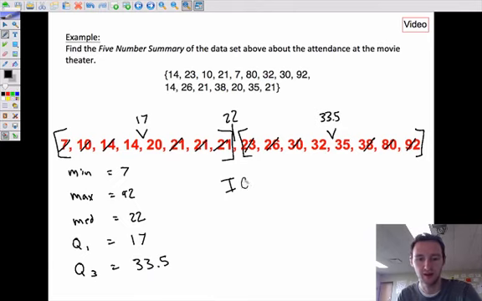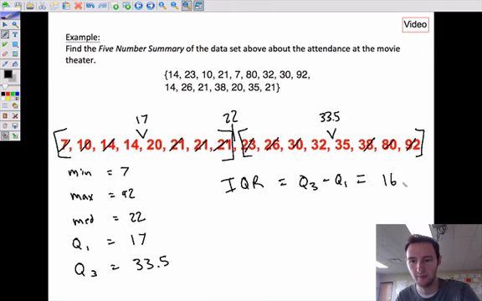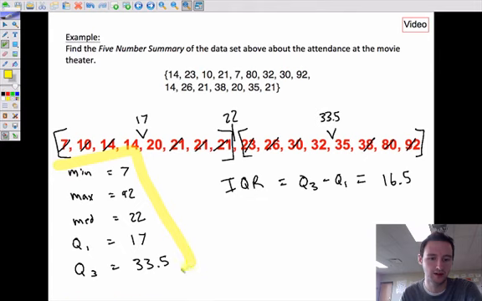The IQR, which again is just Q3 minus Q1, is 16.5. 33.5 minus 17 is 16.5. So there's the IQR. Our 5-number summary is right here, and our IQR we found from Q3 minus Q1.